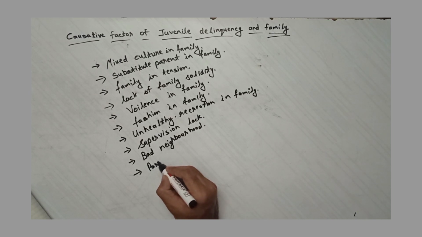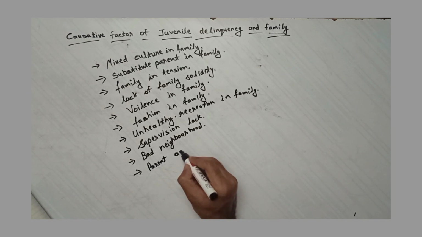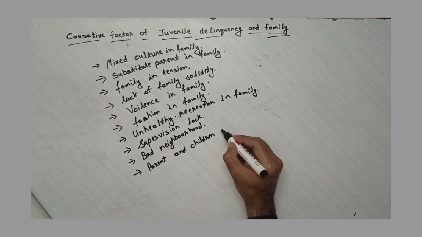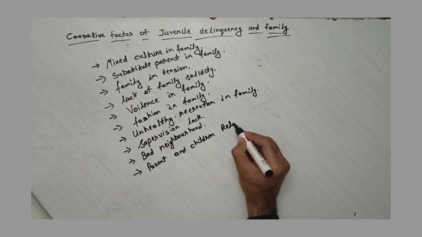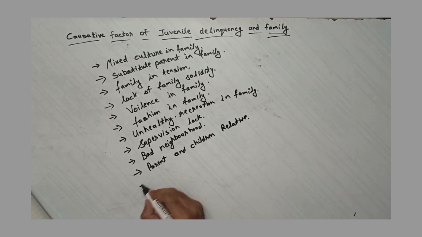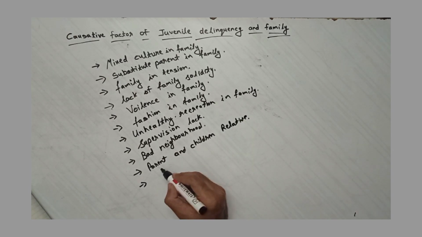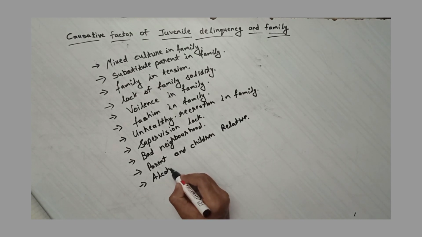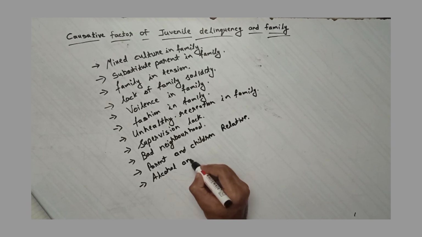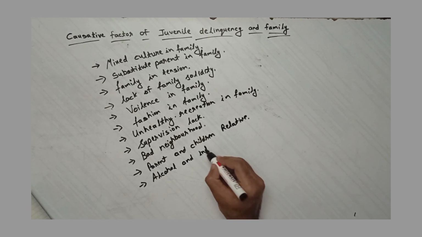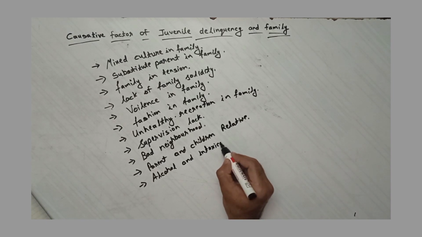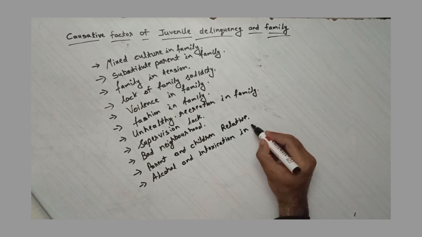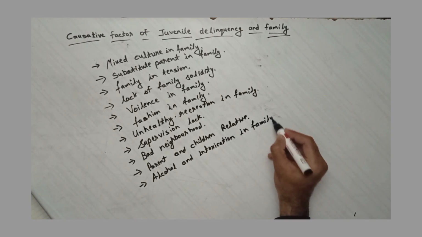Parents and children's relation also matters, how the relation is between them. If the family is practicing some alcoholic or intoxication practices, it is obvious that its impact is on the child, and it also becomes a factor of juvenile delinquency.